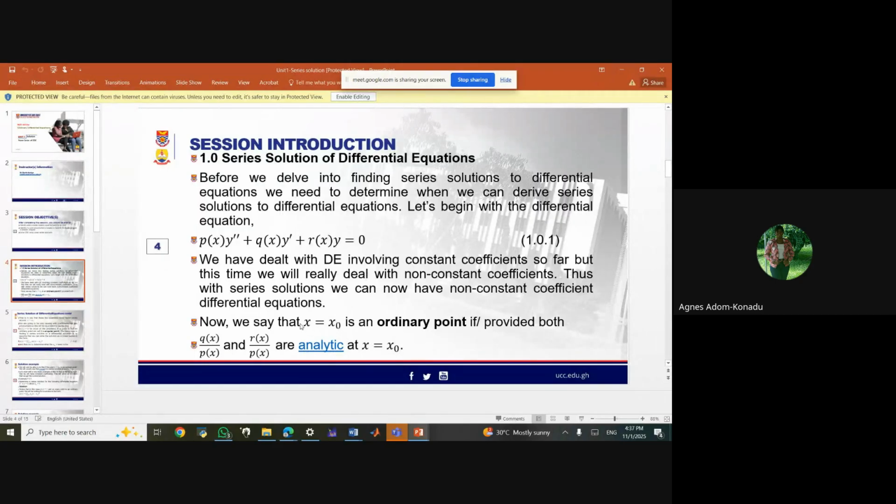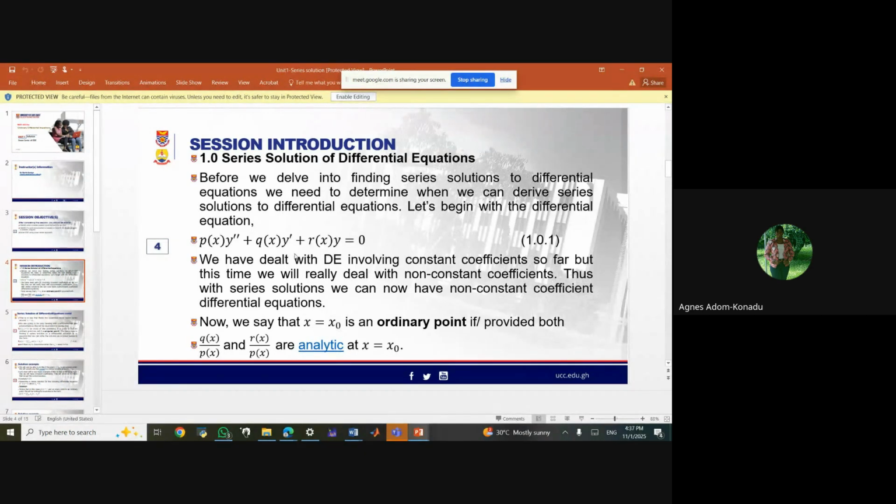So we want to look at the points of the solution. In MAT101, 102, we looked at critical points. The critical points, which some will call equilibrium points or phase points, are where x is equal to x naught.